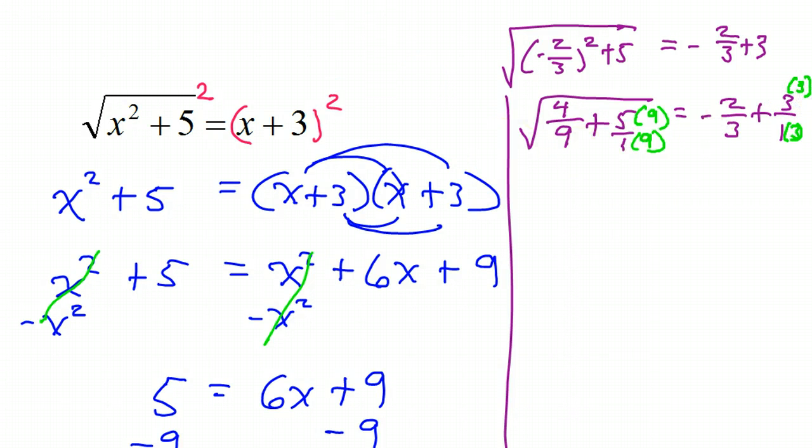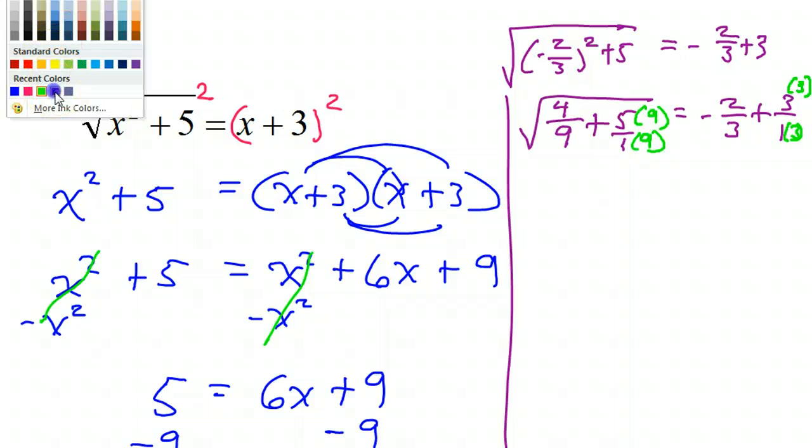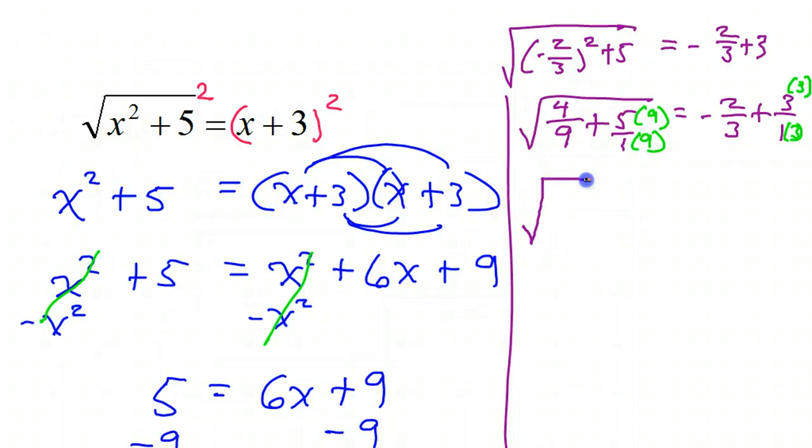Squeezing it in. So that's going to make, like denominators, 4 plus, and 5 times 9, that's 45. Common denominator. Over here I've got negative 2 because of that, and then plus 9.